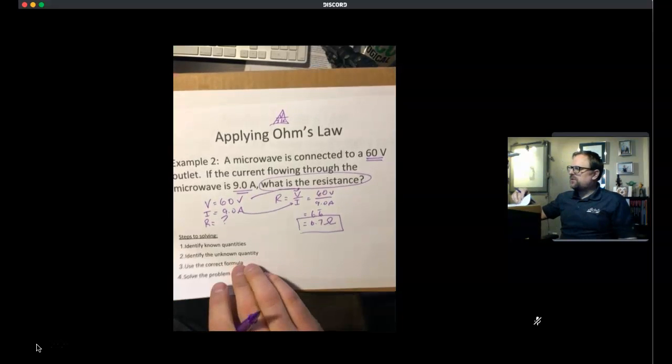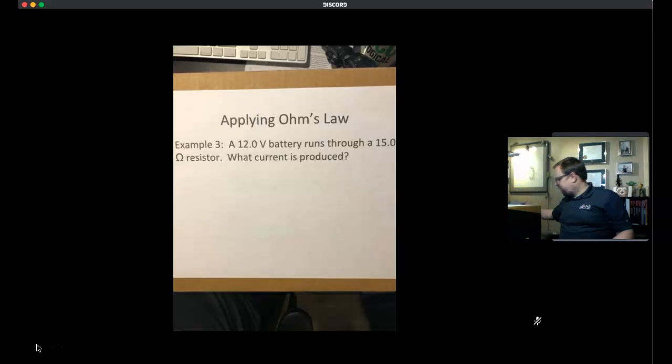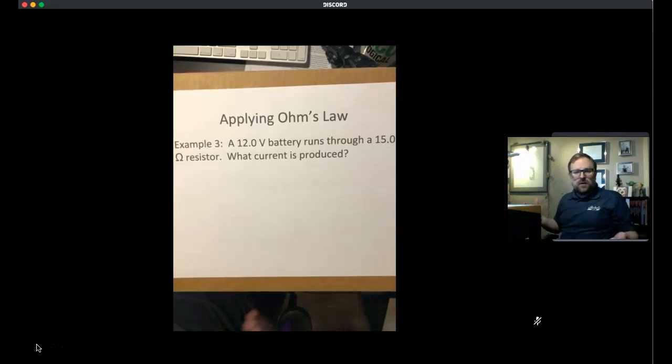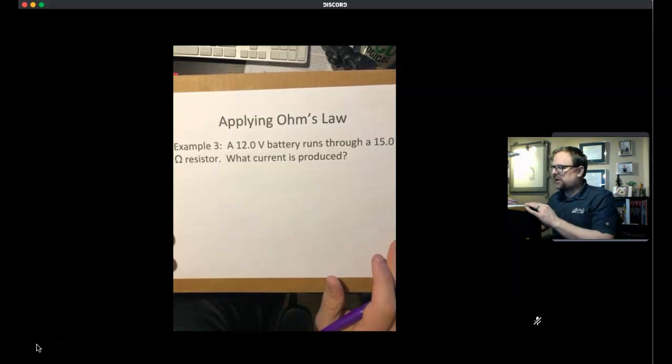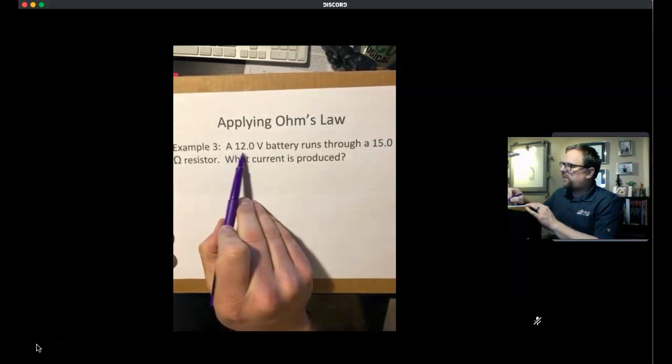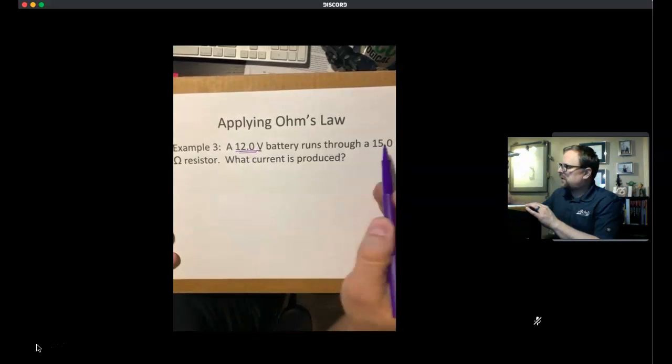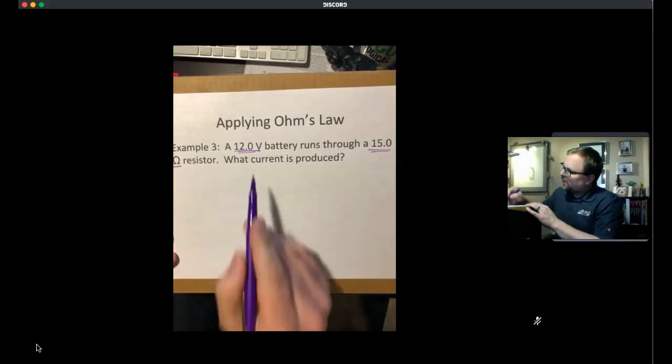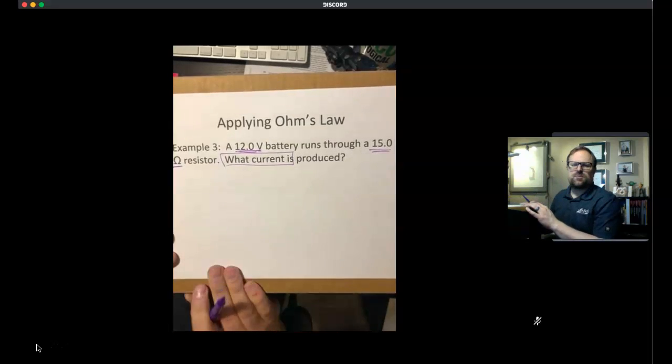I am going to do the next example. Throw that other one away. We're going to follow the same procedure again. Read through the question carefully. A 12-volt battery, well, there's a measurement, runs through a 15 ohm resistor. What current is produced?